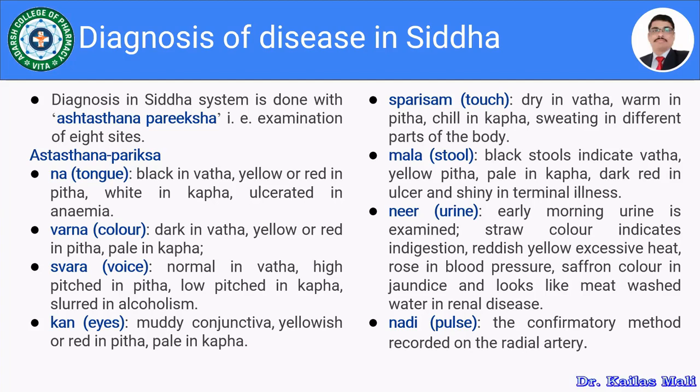So we can understand the voice also, at what pitch we are speaking with the other person. That is also going to be examined in the Siddha system of medicine. That is swara or voice. Then kan, that is the eyes: muddy conjunctiva in vata, yellowish or red in pitta, and pale in kapha.